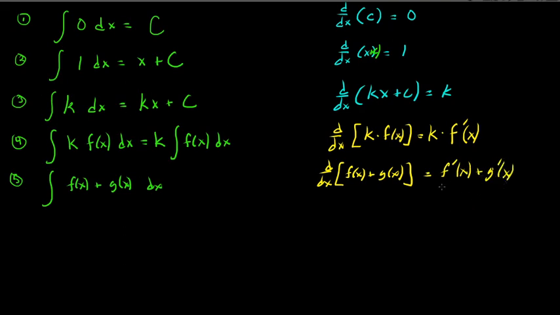So going backwards, of course, we expect that we can just integrate each function separately and then take their sum. So I have to write a little bit smaller here. I've got to squeeze this in. So we integrate f of x plus the integral of g of x. Right. So I'm not going to write plus c, of course, because we're not actually doing the integral here, right? This is just telling you what to do when you have the sum of two functions, right? So it's just like the sum rule, except going backwards for integrals.